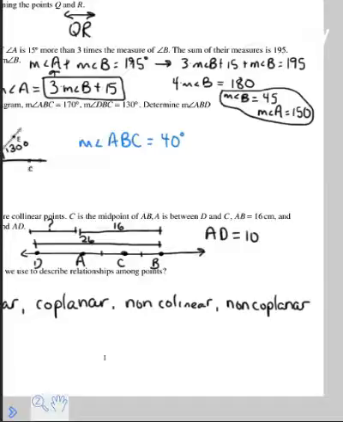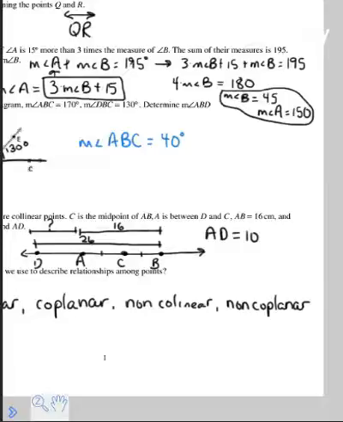Now, extending this idea, think beyond points. What kind of words did we use to describe relationships among lines? There's parallel lines, there's perpendicular lines, there's skew lines. So think about other relationships as well, not just relationships amongst points.